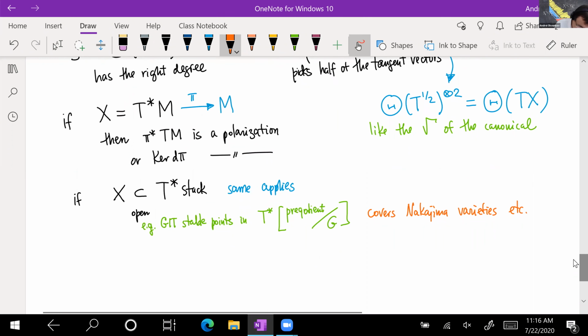In other words, concretely, I want a polarization of X, like for example in the first case, which I can take to be the tangent bundle to the prequotient.